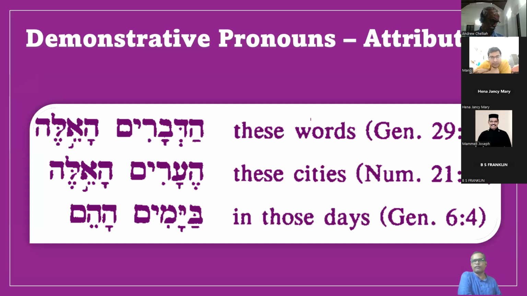But in the plural form for ze and zot, you see, for masculine and feminine, the plural form is ele only, the same form. And bayamim hahem, in those days, that is the plural form. So it is again masculine plural.